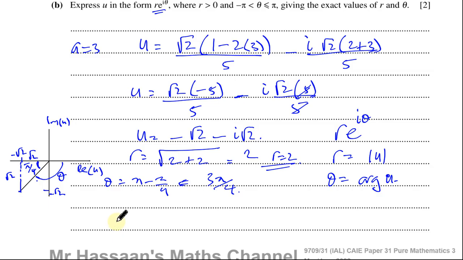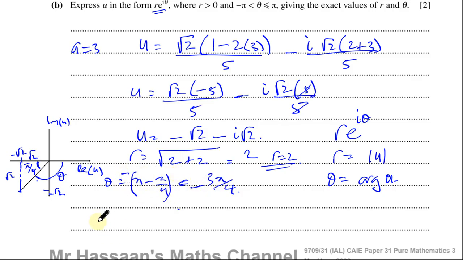So we can say that our complex number u is equal to r, which is 2 times e to the power of negative 3/4 pi. Why negative? Because we're going in the negative direction. So whatever this should have been, basically, it should be negative that.